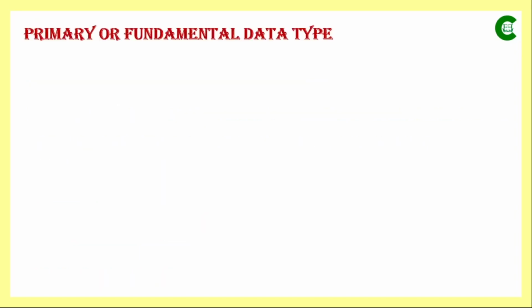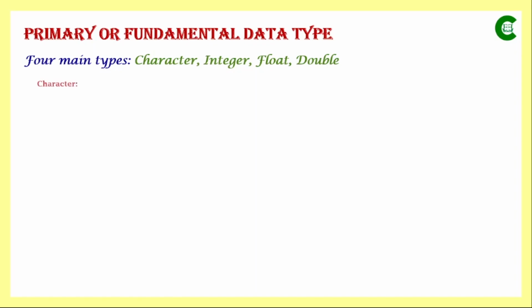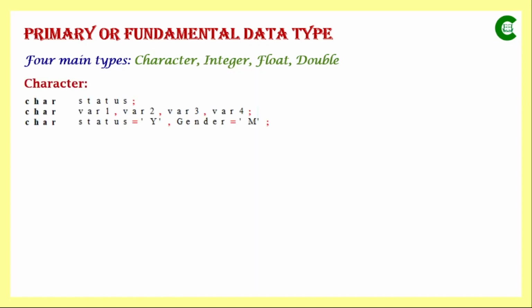The primary or fundamental data type has many types, and among them these 4 are the main types: character, integer, float, and double. And for every data type, whenever we are declaring a variable, the syntax will be the same. Like for character, we will first write the keyword char for character and then the variable name, and that should be followed by a semicolon.